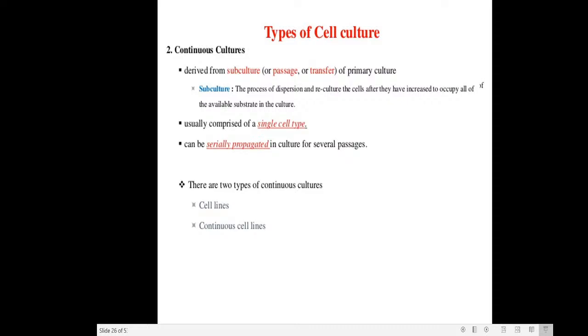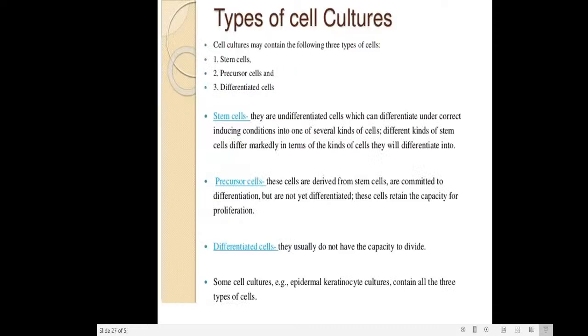In the continuous culture, we have two types of cultures, cell lines and continuous cell lines. These types are based on the cell. We can grow stem cells, precursor cells, and differentiated cells. From stem cells, we can produce whatever we need: if you want a heart or a liver, we can grow whatever we want.